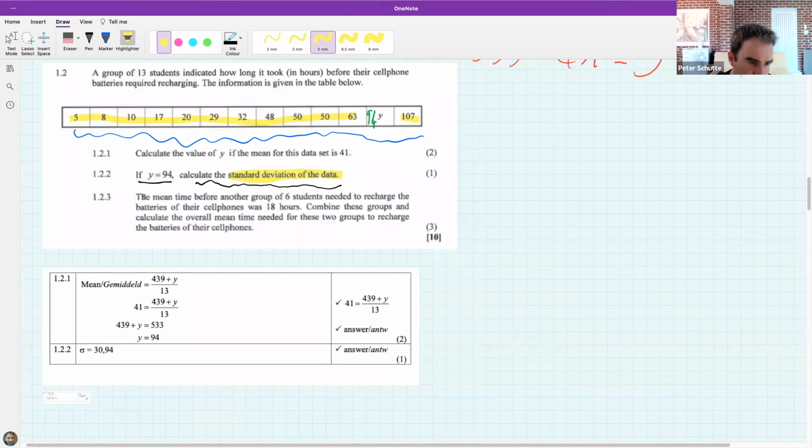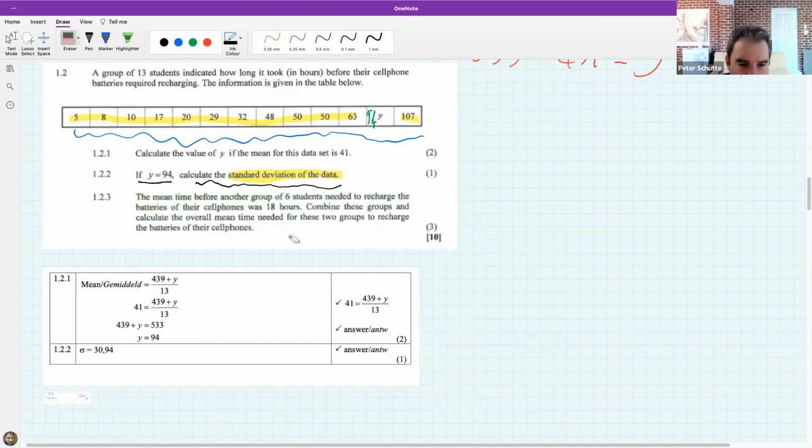Okay, let's try and do this one. It says, the mean time before another group of 6 students needs to recharge the batteries of their cell phones. Combine these groups and calculate the overall mean time needed for these 2 groups to recharge their batteries. That's a very wordy way of saying something.